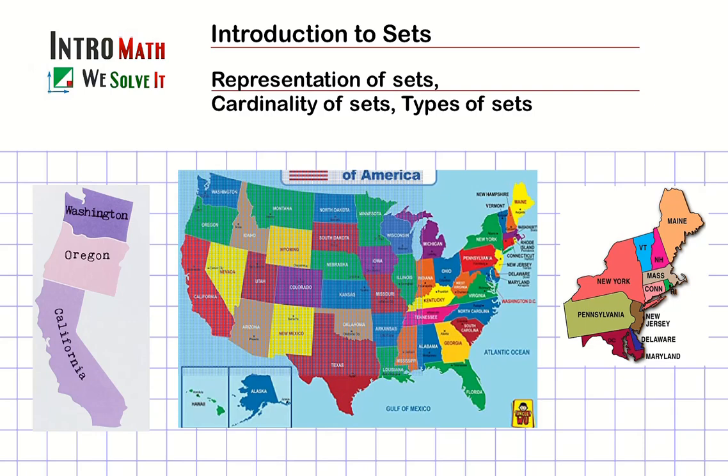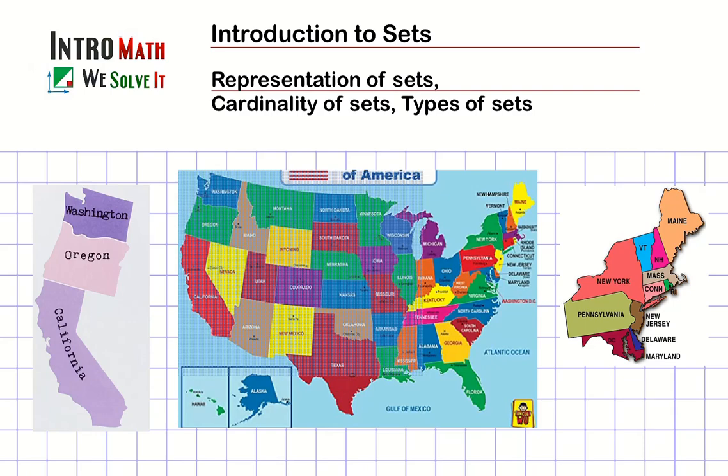You see the map there? The map there represents the map of the United States. The one map at the middle is the map of the United States. And then the map on the left is a section of the map in the middle, and the map on the right hand side is also a section of the map in the middle.